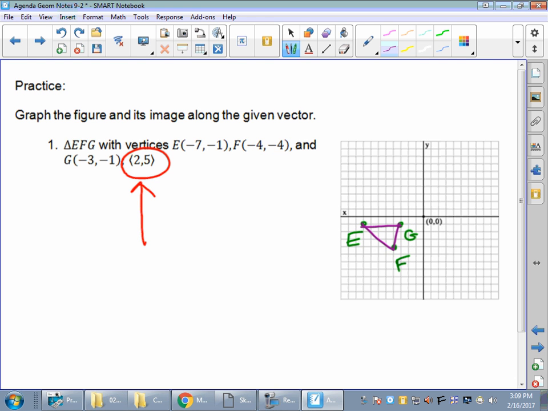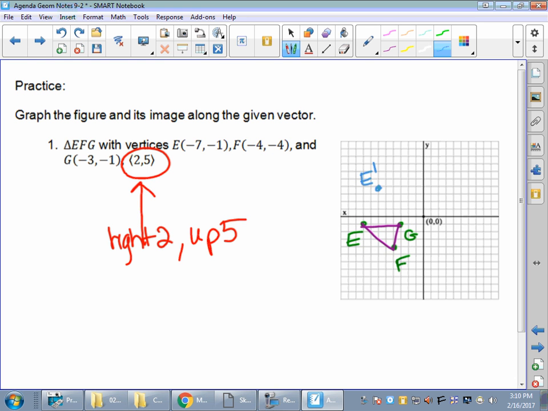If we're thinking just coordinate plane, that means that our point E is going to translate right 2 and then up 5. So I'll go right 2, up 5. That will be my E prime.